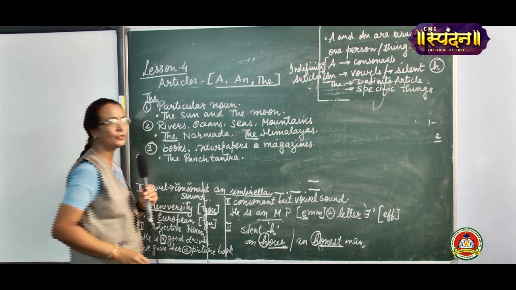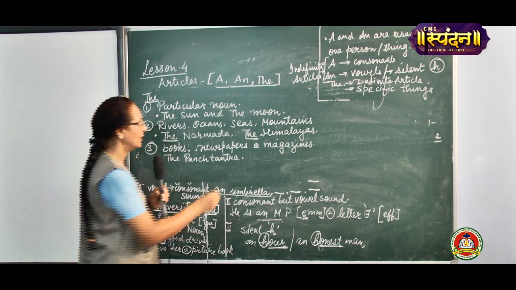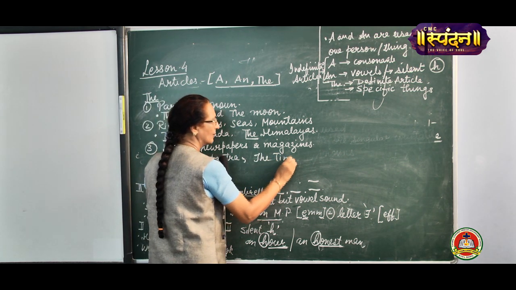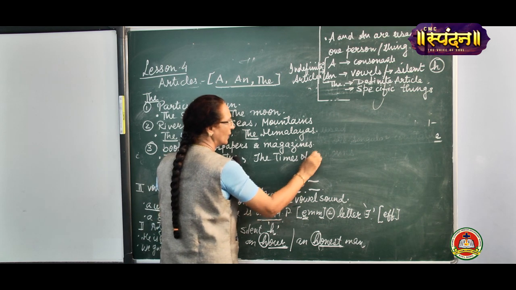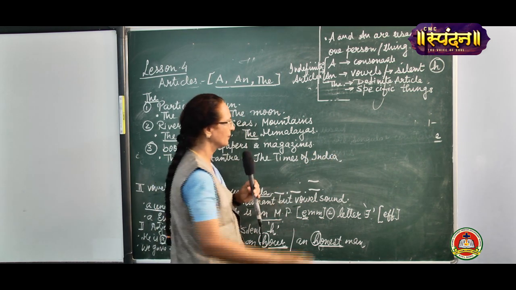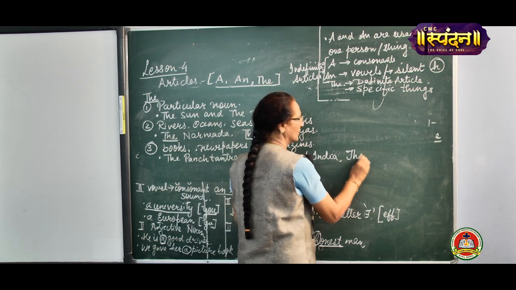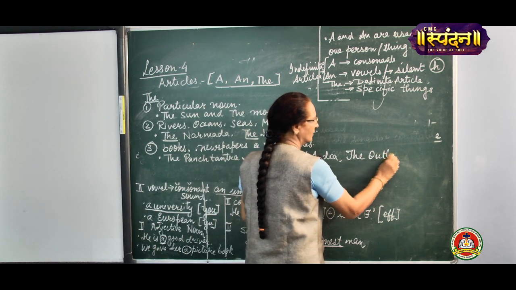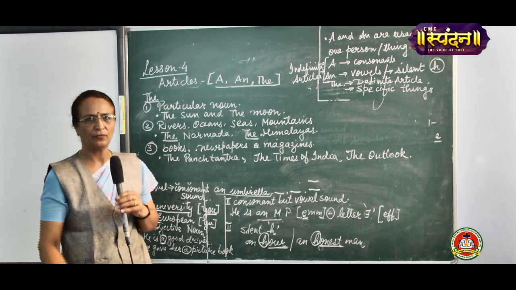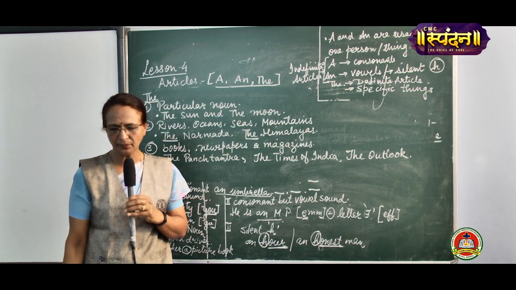When we talk about newspapers, we say The Times of India. It is one of its kind. For magazines, we say The Outlook, The Economic Times. One of its kind. Is that clear, children?